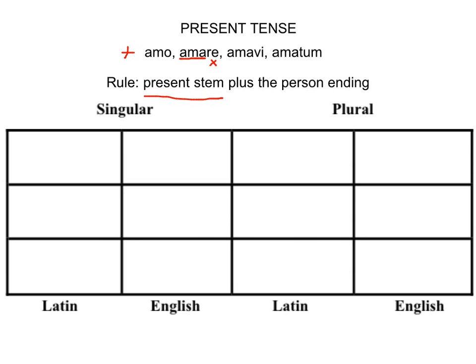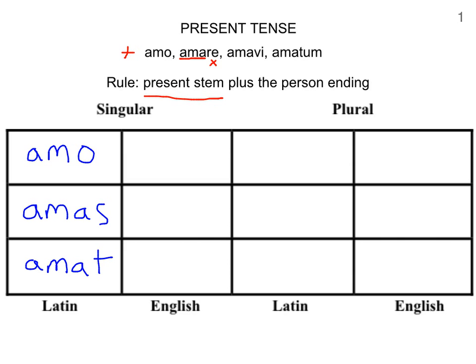So the first box is for the verb to love in the first person, which would be amo. Second person is amas. Again, notice present stem, AMA, plus ending, S. Third person singular, present stem, plus ending.